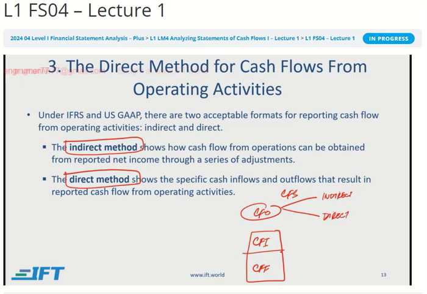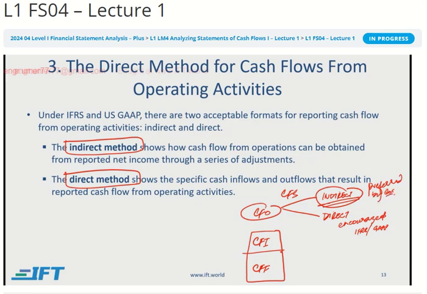Number two, the direct method is the one which is encouraged by both IFRS and US GAAP. But the question is, does everybody follow the direct method? The answer is no. The indirect method is preferred by corporations, preferred by companies.